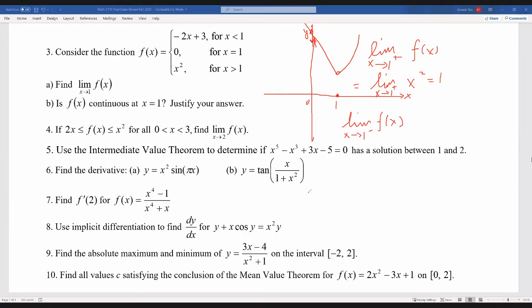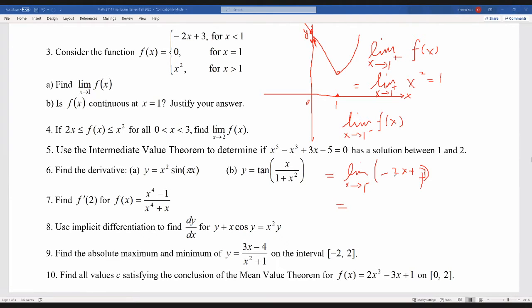Right, now x goes to 1 from the left side, x less than 1. Less than 1 means you have this first piece, right? The piece is negative 2x plus 3.